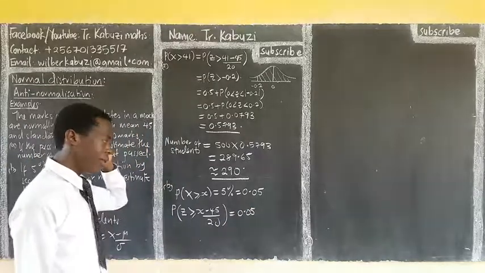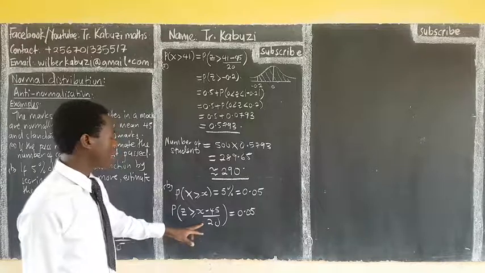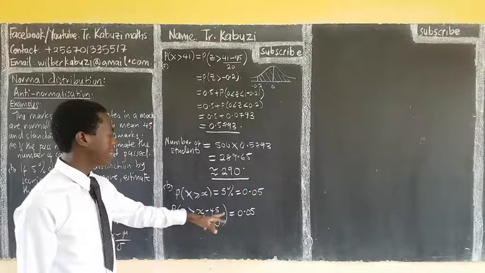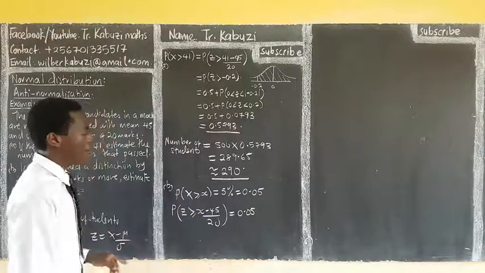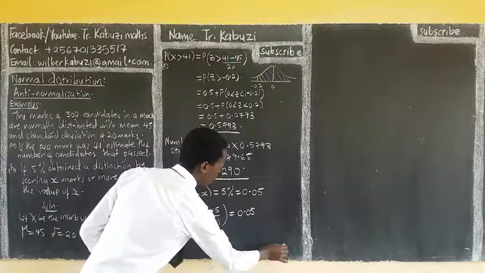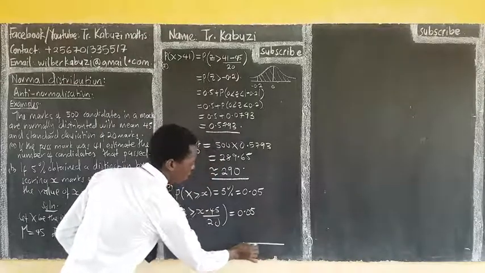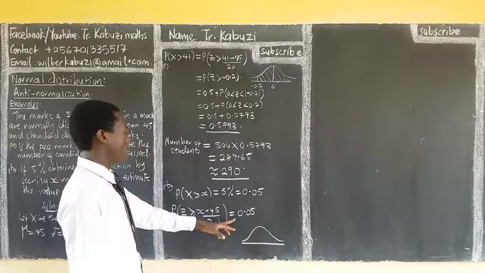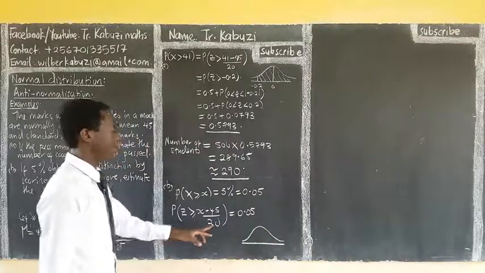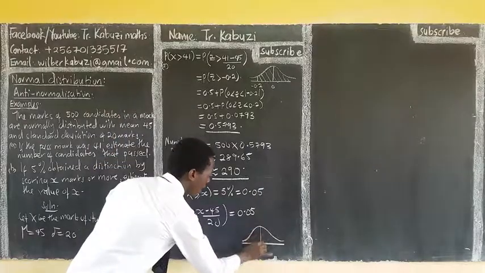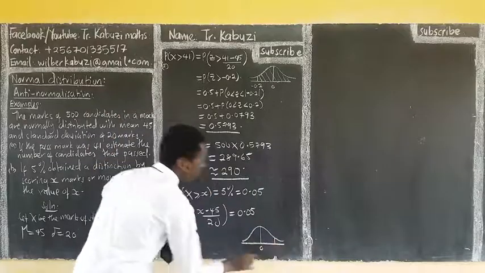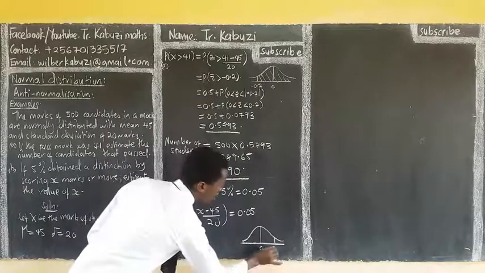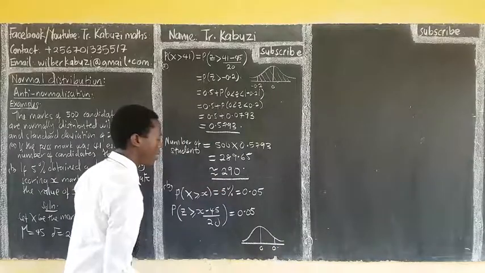Now we are anti-normalizing this. How do we sketch that? You draw a simple scale so that you can interpret this properly. The tail is 0.05, so it is somewhere greater than 0.